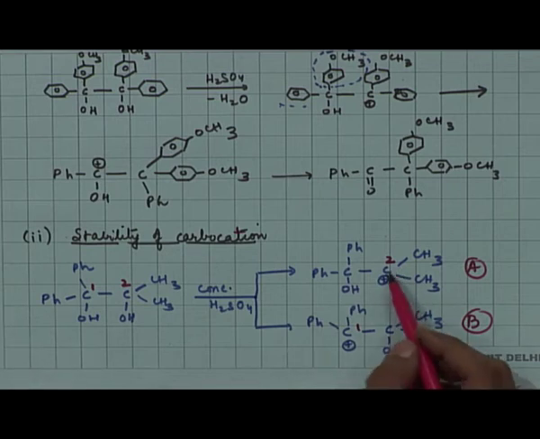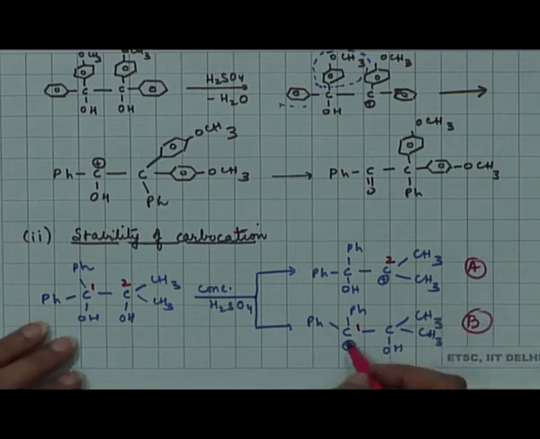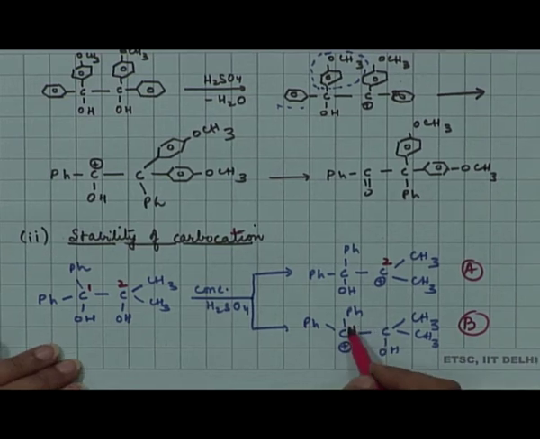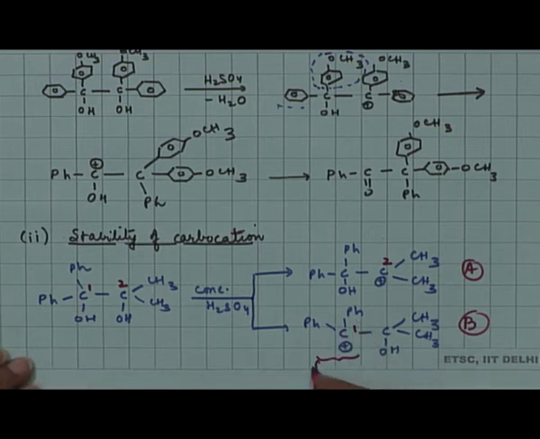So, when you look at structure A and structure B, in structure B the positive charge is on a carbon which is attached to two phenyl groups, and therefore, this is more of a charge delocalization on the two benzene rings, and this will be formed preferentially.